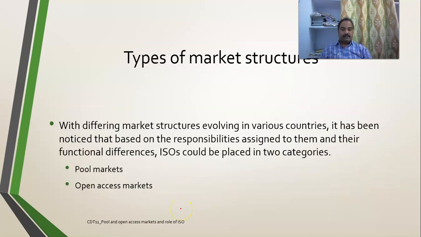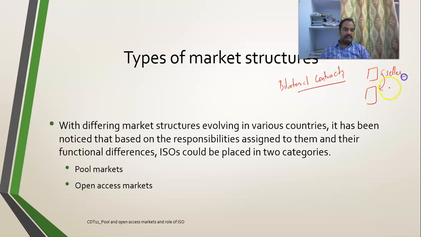And moving on, let's have a quick look at the two types of market structures which are evolving in different countries. Earlier, in the olden days, we used to have the bilateral contracts model, which was predominant in most of the electricity markets across the globe, where the seller and the buyer used to have a mutual contract between them on the sale of electricity.